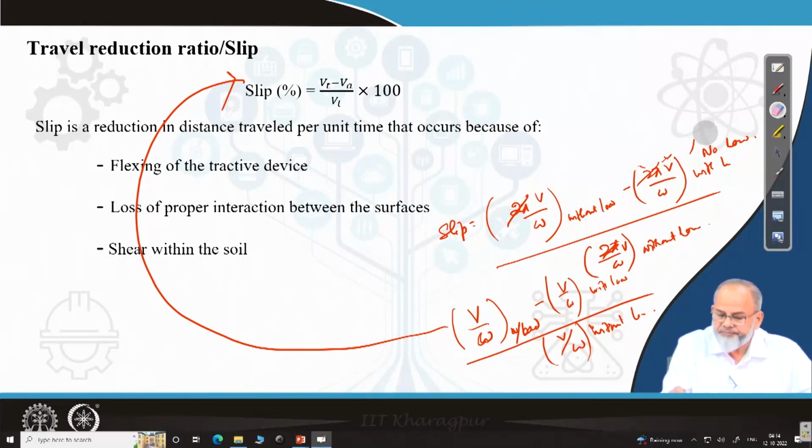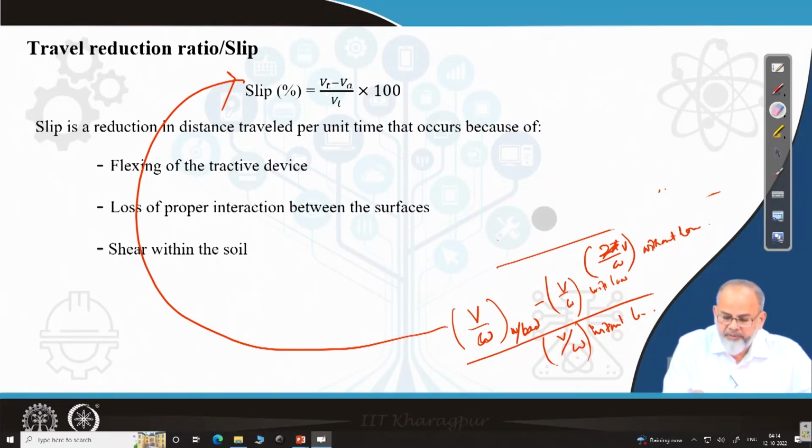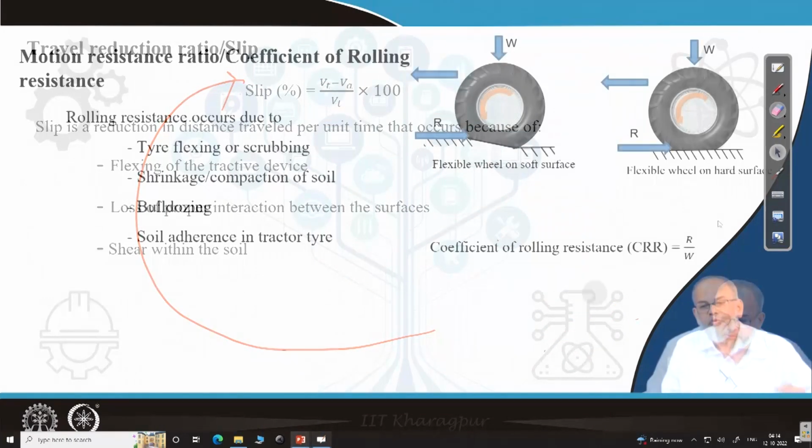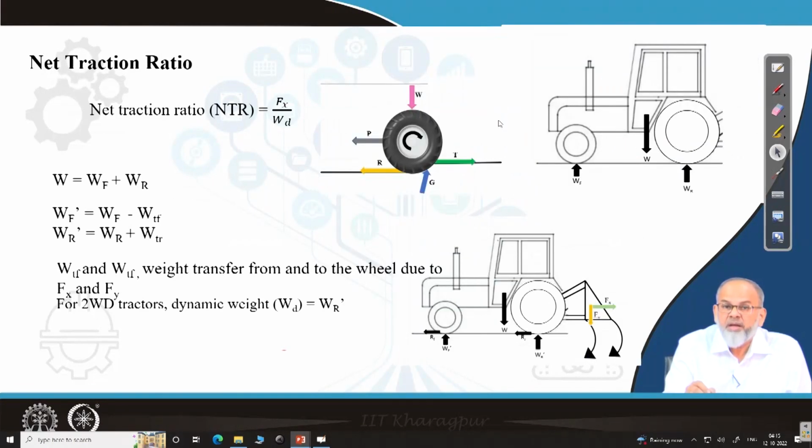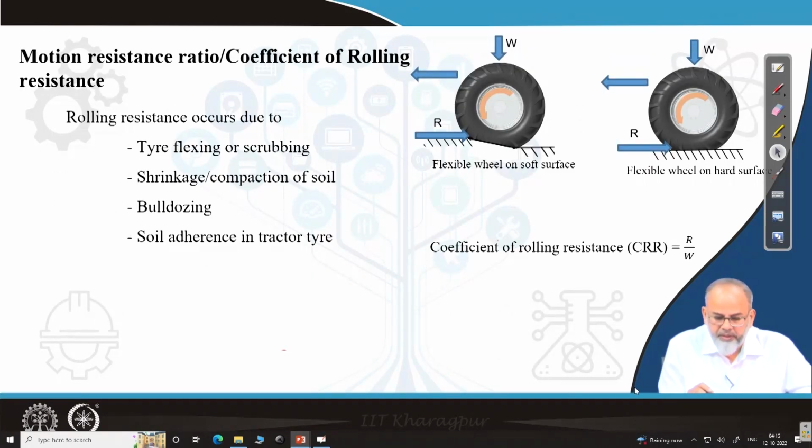Next, we will discuss the other performance parameters: motion resistance ratio, or in other words, the coefficient of rolling resistance. If you look at this figure, this is a pneumatic tire operating on a soft soil, and this is a pneumatic tire operated on a hard surface.